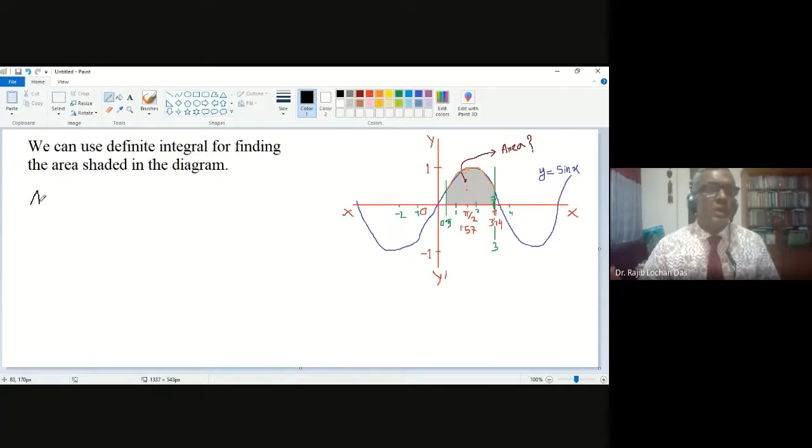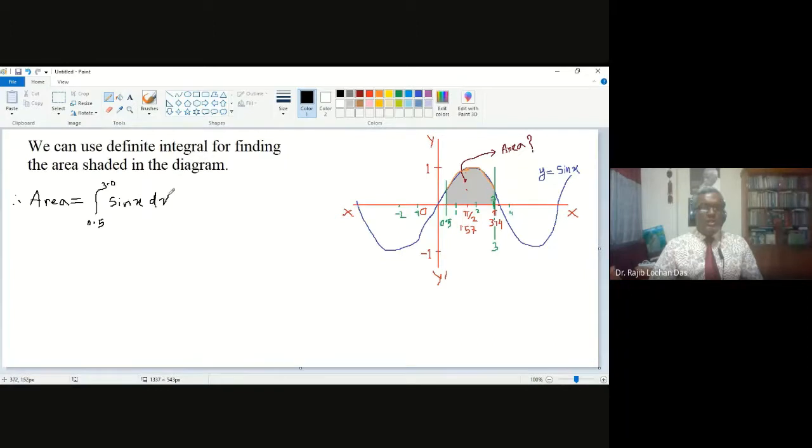So you will write the area as the integral from the lower boundary 0.5 to the upper boundary 3 of y dx. The formula was y dx, and y is sin x, so you just put sin x.